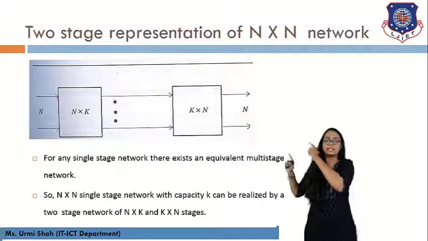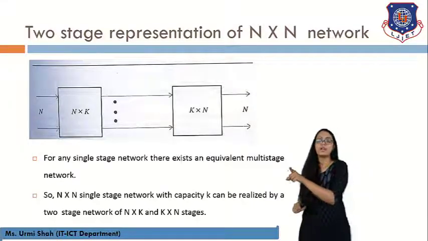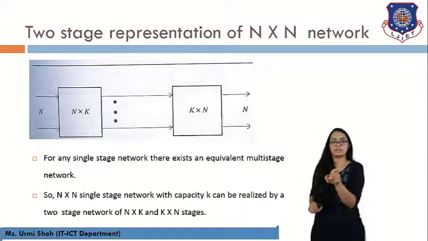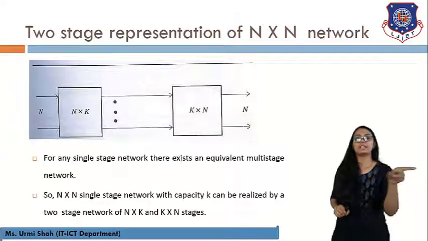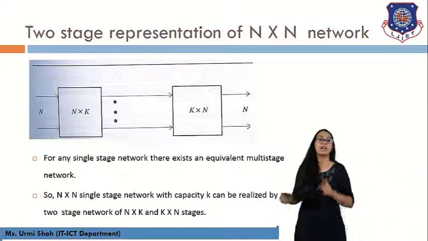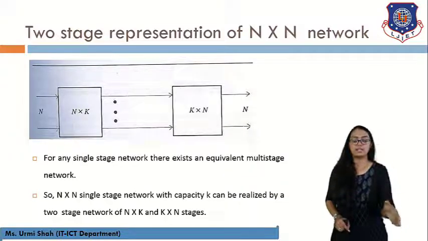But as you can see in the diagram, your N inlets or N inputs go to the first N cross K network, then to the K cross N network, and finally generate the N outlets. That's why this is a two-stage network.